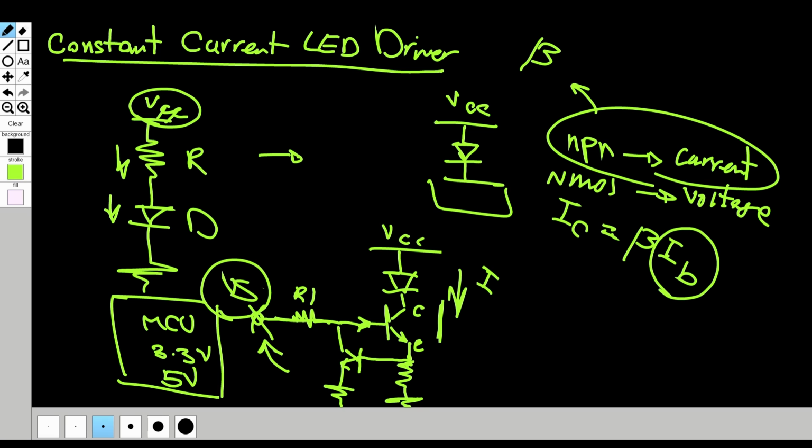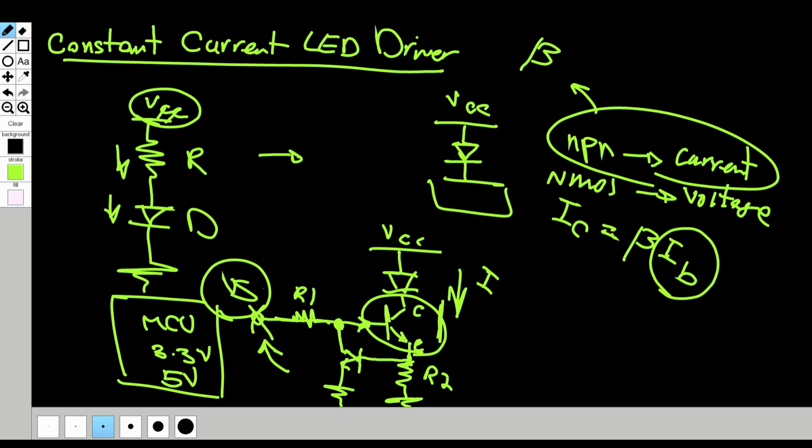So as you can see here again, we're gonna connect the emitter node of this transistor to the base of another NPN transistor, which connects its collector to the base of the first transistor, right? So let's call this R2.